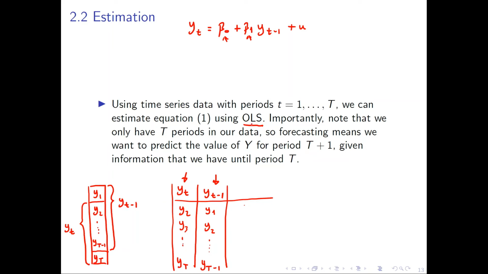Regarding the forecasting, you can only use information that you have up until the forecast. So let's say this is time, and this is the y value, and this is time capital T, this is time 1, which means that you have the data points between and including these time periods, right?